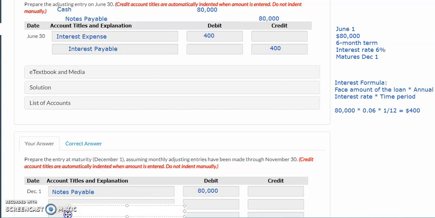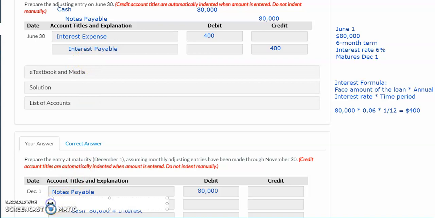And of course, we're going to pay back the loan with cash. But the amount of cash that we need to pay back is going to include the $80,000 plus the interest that is due. So we also need to realize that in our previous journal entries, every month we're going to be recording interest expense and interest payable.